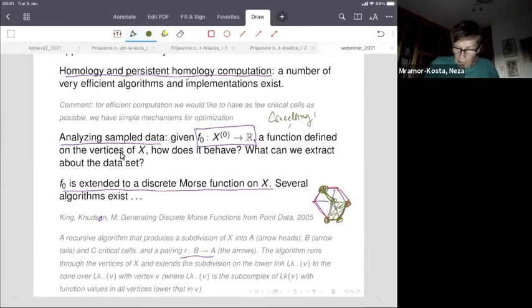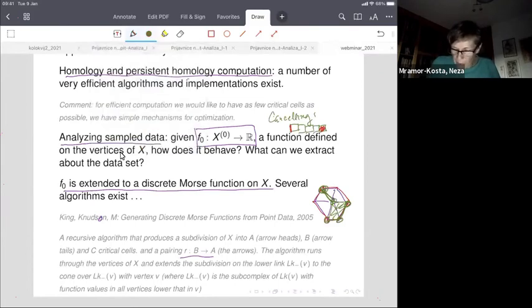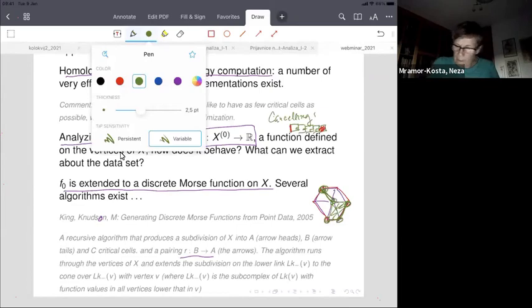If you take a gradient path which starts in the boundary of a critical simplex of higher dimension and goes down like this towards a critical simplex of one dimension less, then what you can do is simply turn around all the arrows along this gradient path.